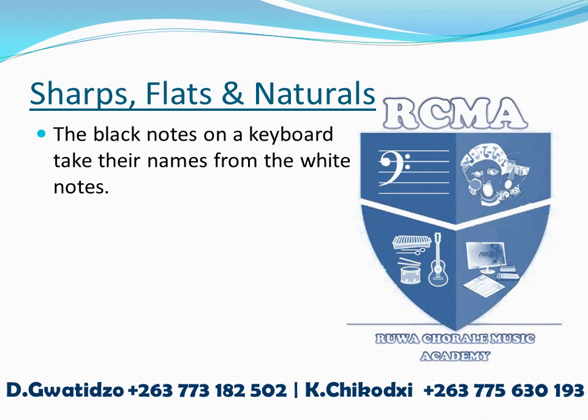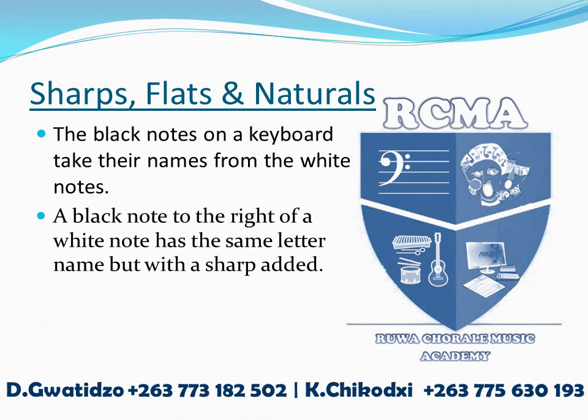The black notes on a keyboard take their names from the white notes. For example, a black note to the right of a white note has the same letter name but with the sharp added. If the white key was C, then the black note to the right of C becomes C sharp.